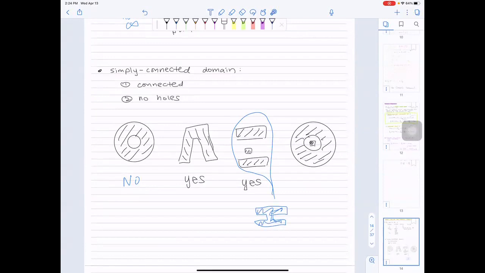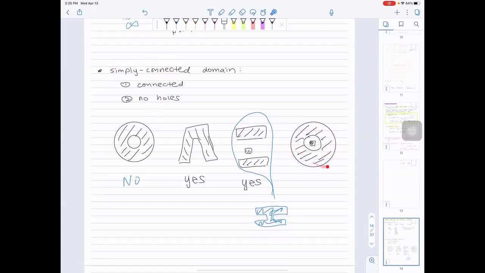So it is a simply connected domain. The idea is that if you combine these three things together, it's connected and has no holes.